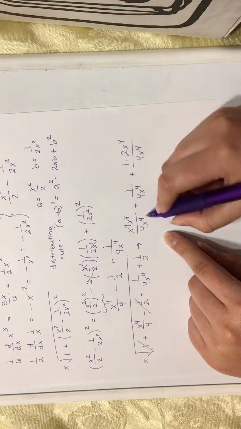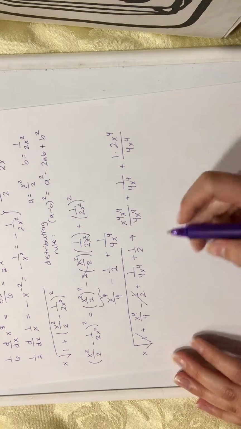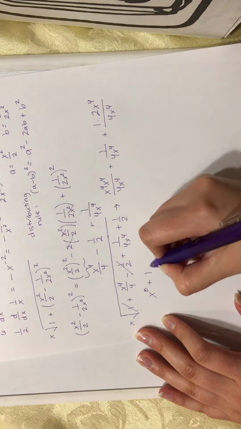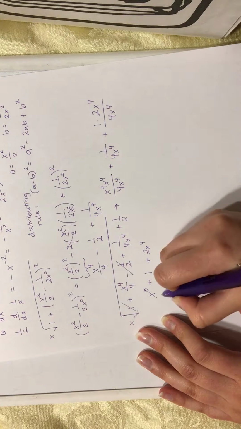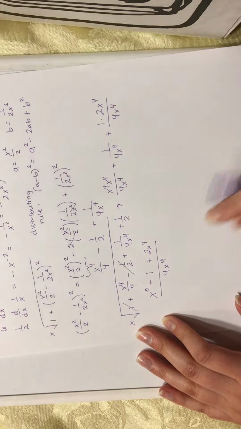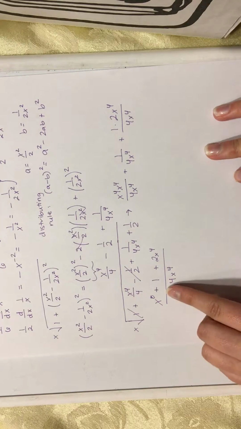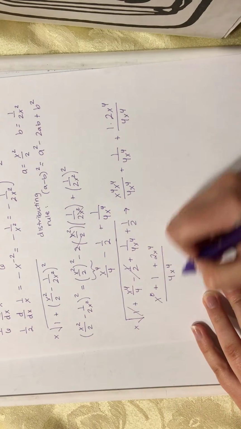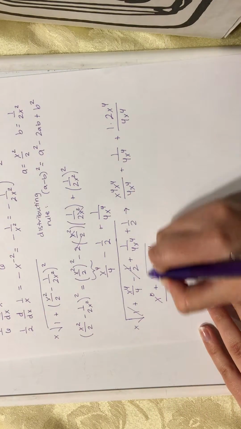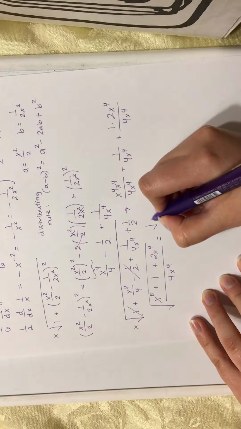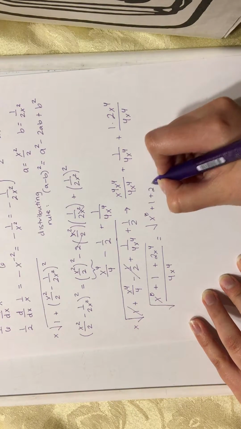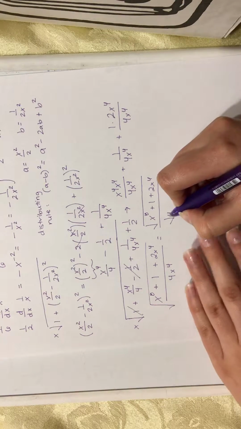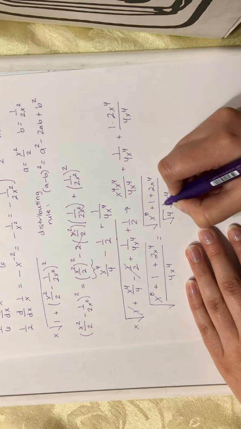Now they all have the same denominator, so we can put all of these at the top, which simplifies to x to the 8th plus 1 plus 2x to the 4th all over 4x to the 4th. So that's simplified. And this is all still under this radical sign, right? So this is the same as saying 1 plus 2x to the 4th over 4 times x to the 4th.